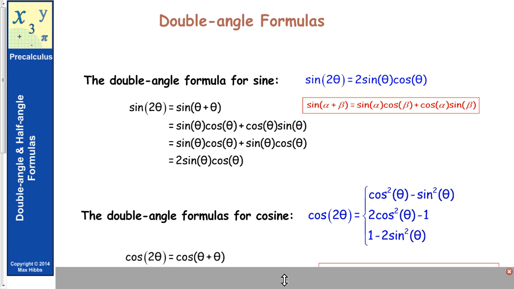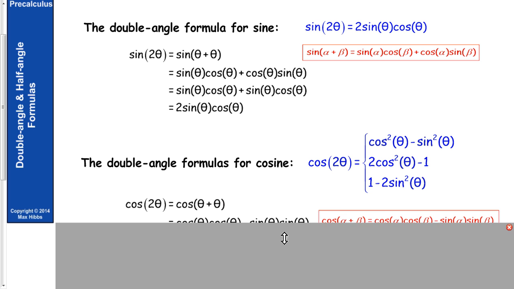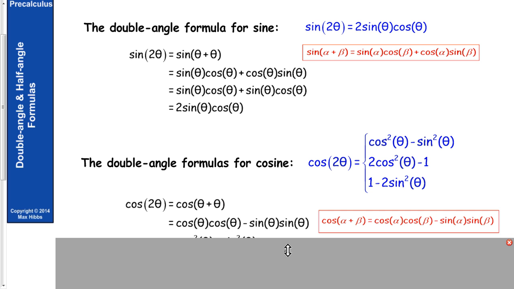So let's see where that came from, and you might anticipate that we're going to use exactly the same approach we used above. We can think of 2 theta as theta plus theta. So we have the cosine of theta plus theta, which would be the cosine of a sum of angles, where the angles are the same. And so we would use the sum formula for cosine, which says a cosine of a sum of angles is cosine of the first times cosine of the second minus sine of the first times sine of the second.